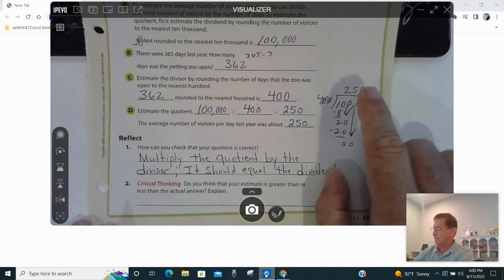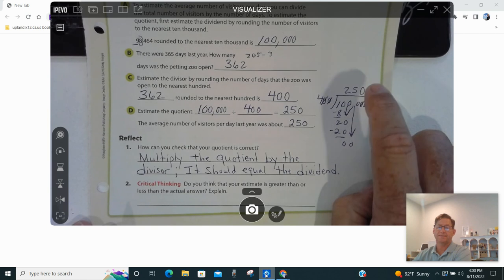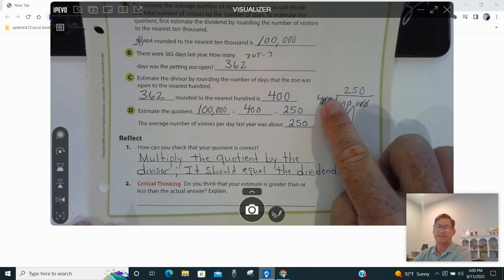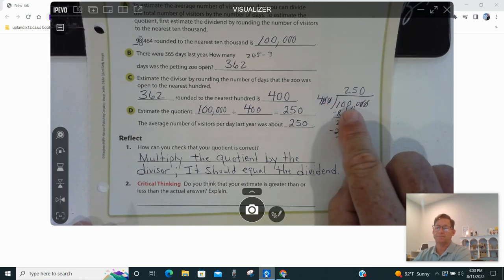If you multiply the quotient with the divisor, you should get the dividend.